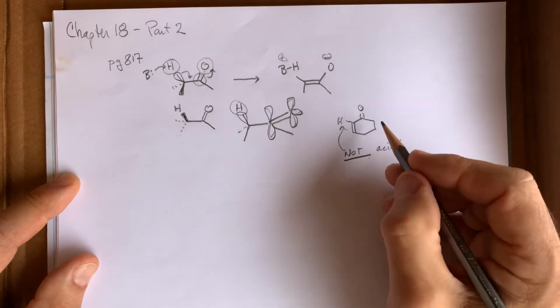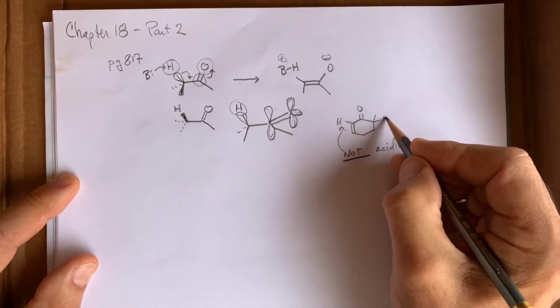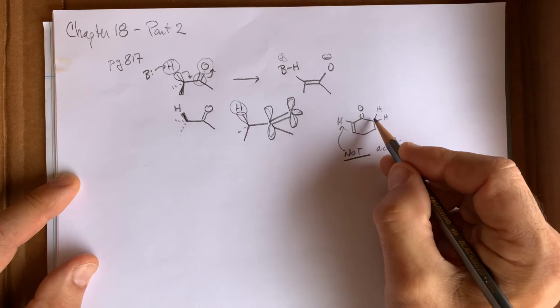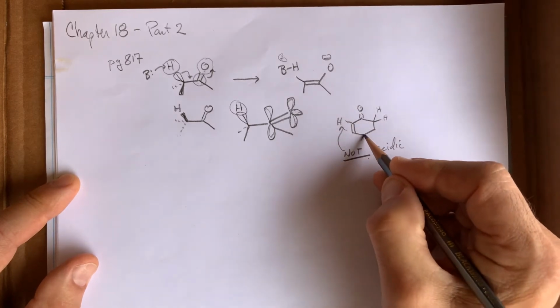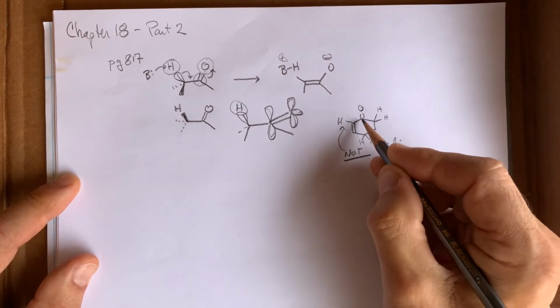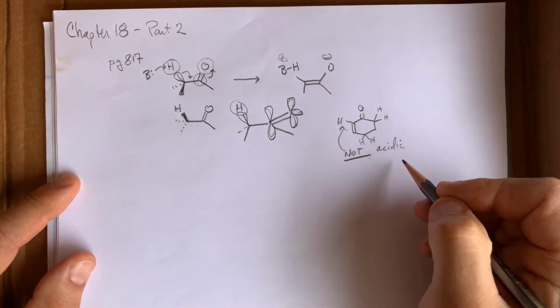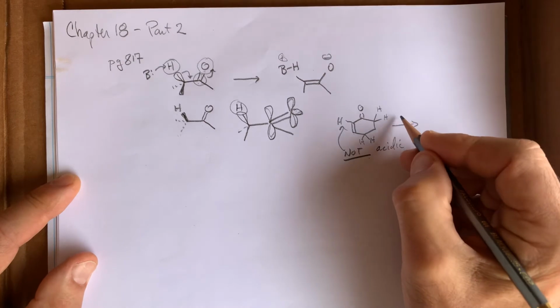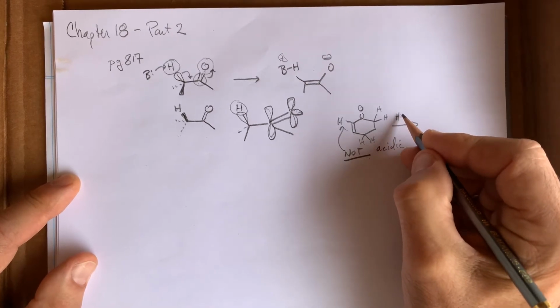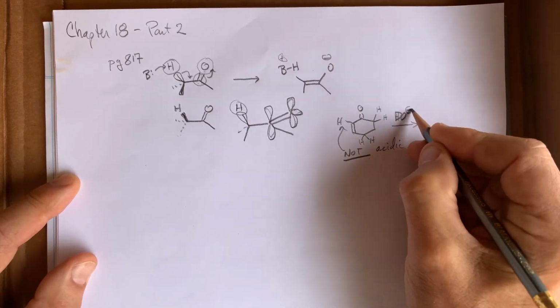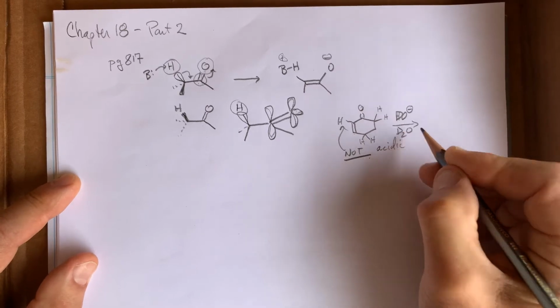The acidic protons are these two alpha, and these two, which are gamma.